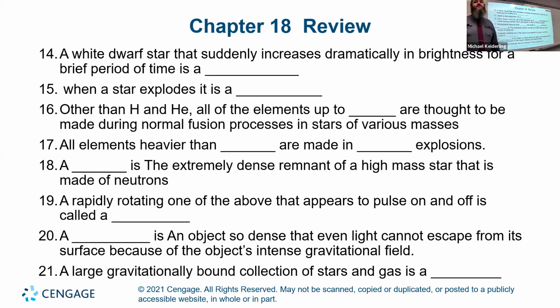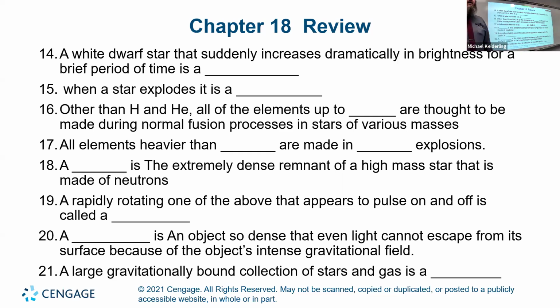A white dwarf star that suddenly increases dramatically in brightness for a brief period of time is a nova. When a star explodes, that's a supernova. Other than hydrogen and helium, all of the elements up to iron are thought to be made during normal fusion processes in stars of various masses.